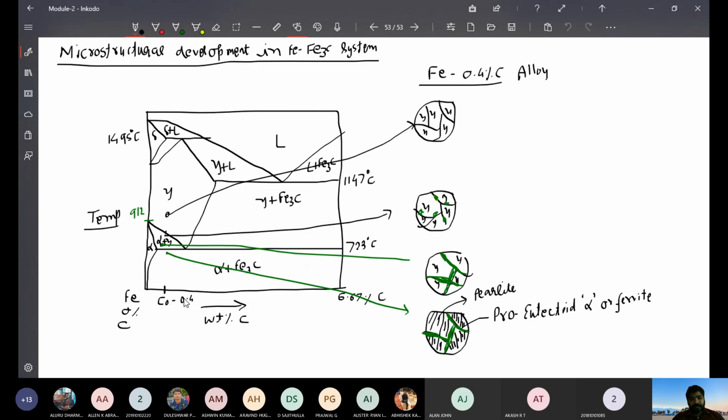So what can we call the steel which has this carbon content of 0.4%? If the carbon content is between this point, 0.02, and 0.8, then which type of steel will it be?